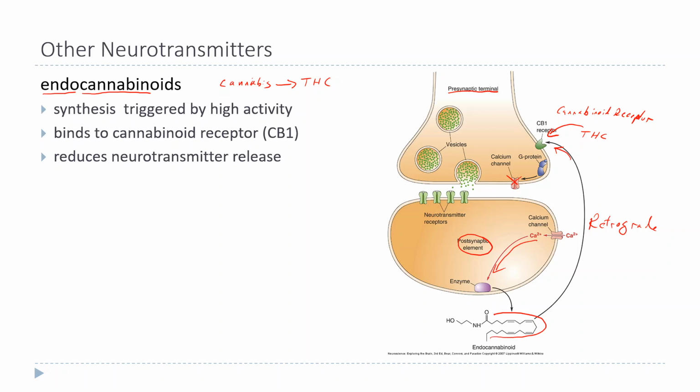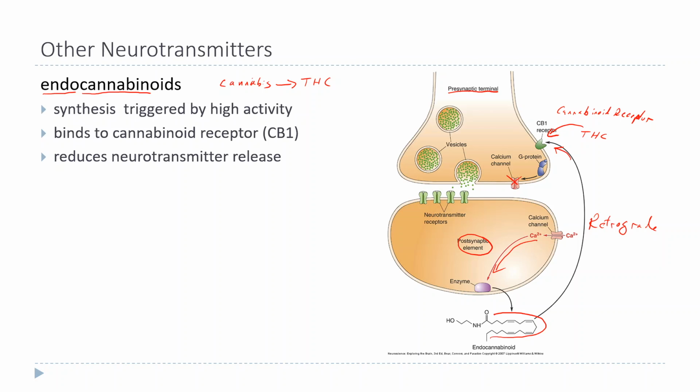So, of course, it wouldn't make a lot of sense for your brain to express a receptor for a molecule that isn't normally found in your brain. So anytime a drug is identified and then a receptor is found in the brain that binds to it, we start looking for the endogenous ligand that it binds to.